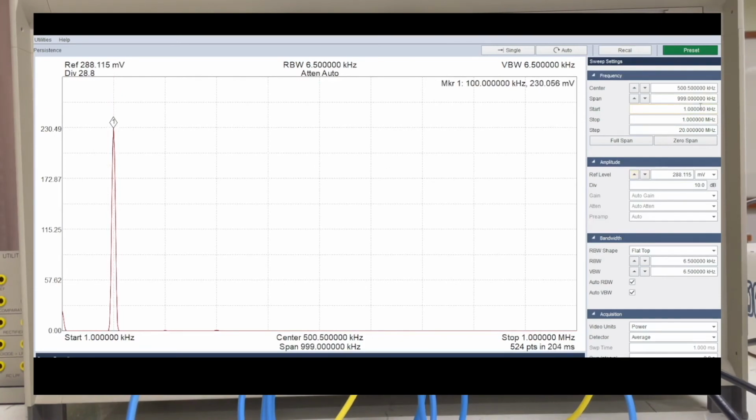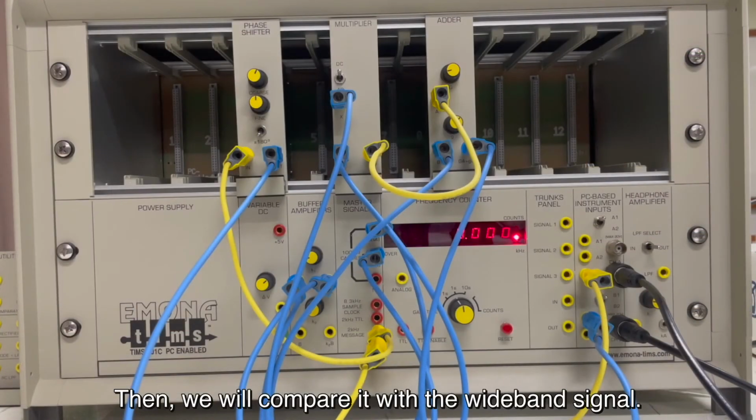Then we also compare it with the wideband signal.